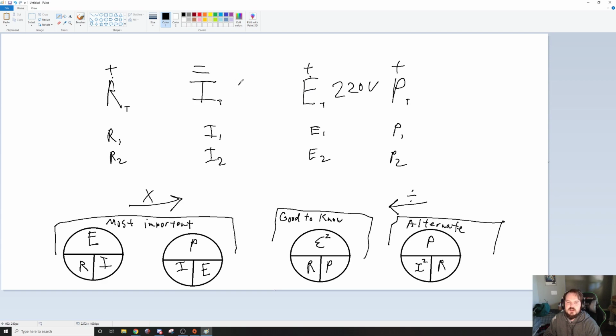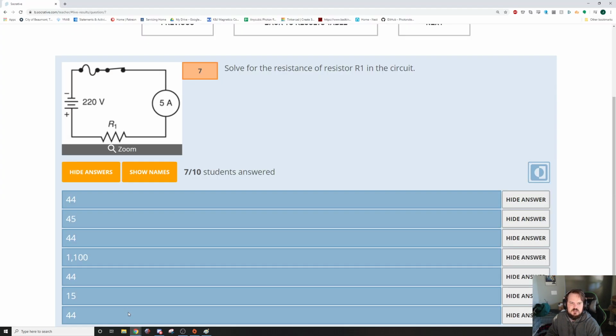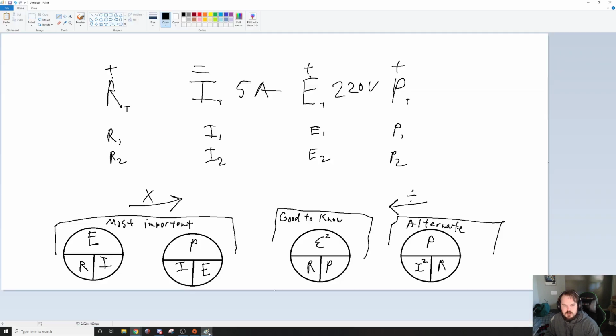220 volts and 5 amps. Was it 5 amps? It was. Sorry, I lost my spot. 220 volts and 5 amps.